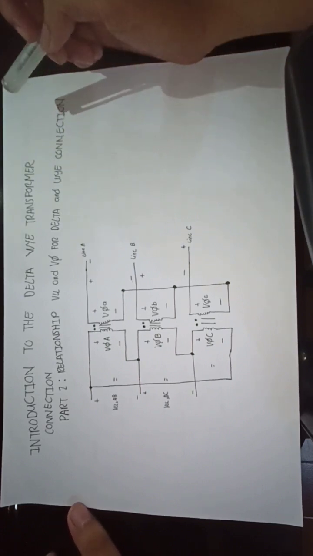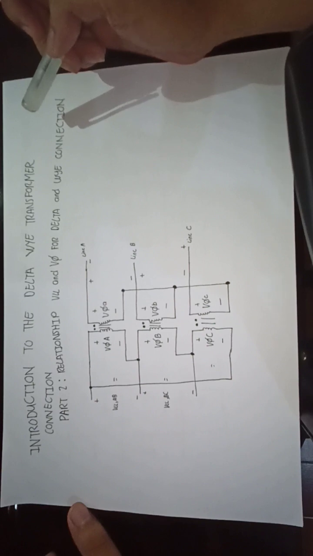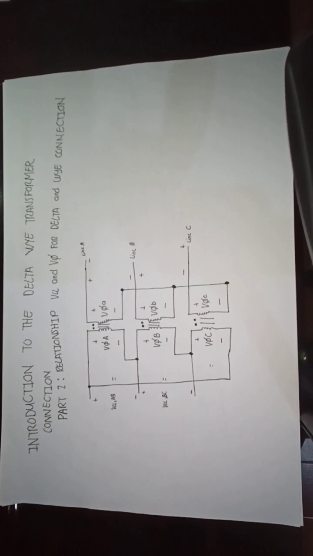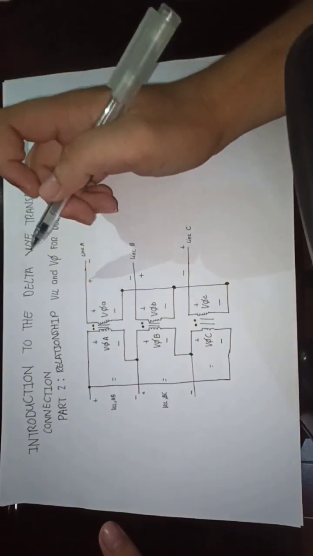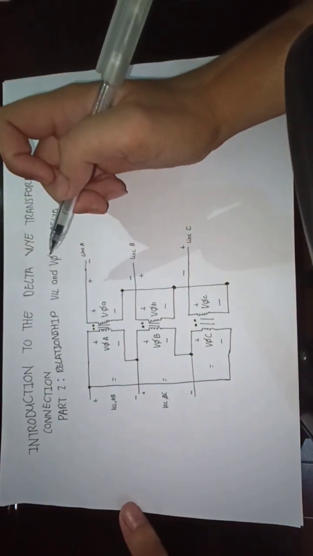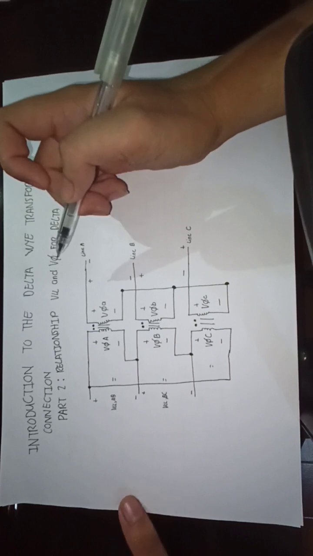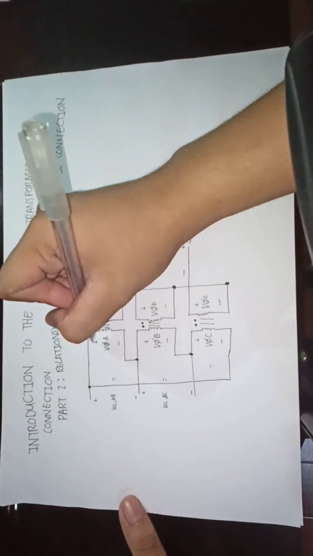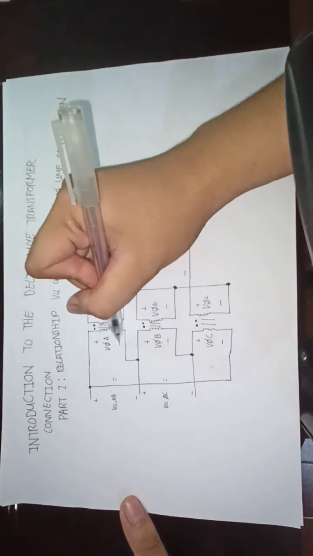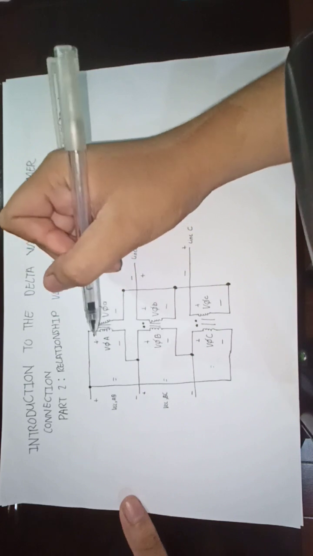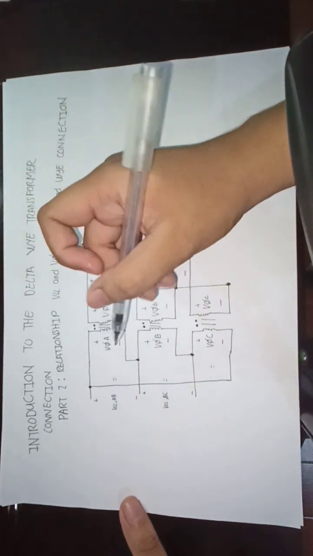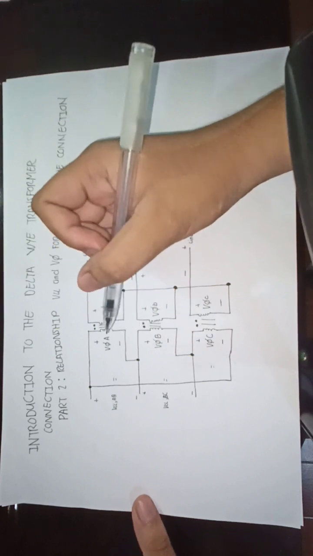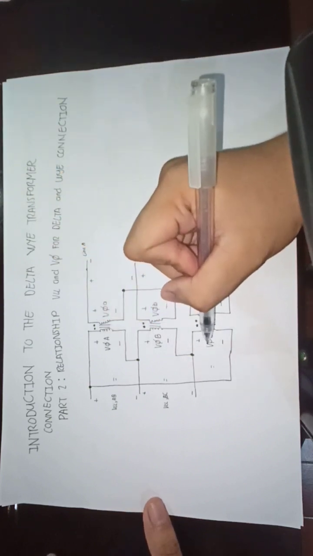To start, we all understand that phase voltages are voltages measured across transformer windings. So first, let's illustrate primary phase A voltage, which is measured across the polarity side of winding A. So this is the polarity side of winding A and the non-polarity side of winding A. And similarly, we'll illustrate primary phase B voltage and primary phase C voltage.